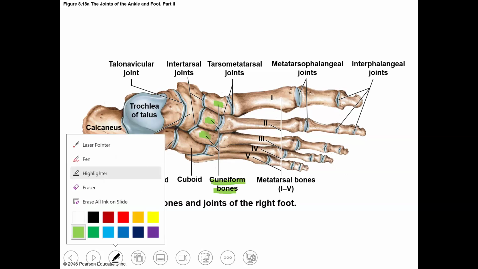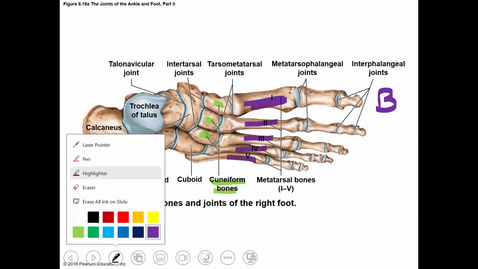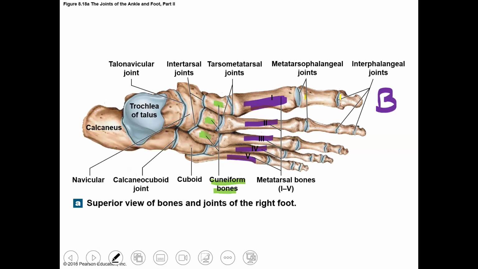And then our metatarsals: 1, 2, 3, 4, and 5. 1 is going to go for your big toe, that's your first metatarsal. And then we've got our phalanges.